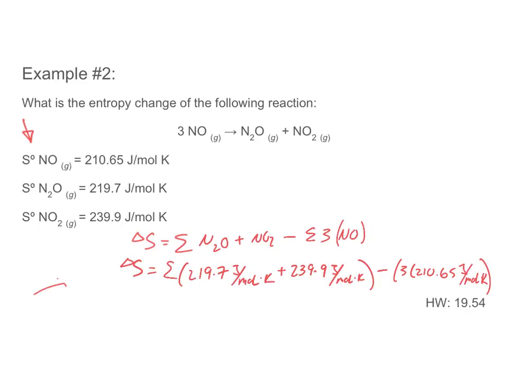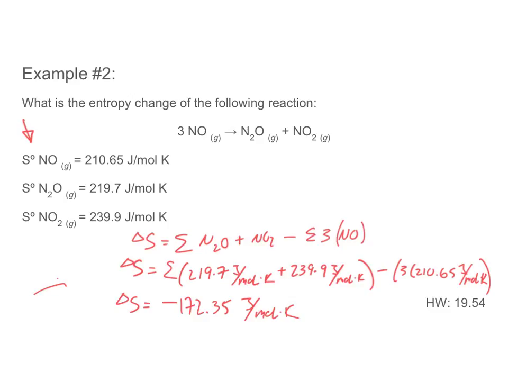So when I go ahead and do some fun math here, I get an entropy change of negative 172.35 joules per mole Kelvin. Now, that negative value tells me what about the reaction? It's becoming more organized? Yeah.